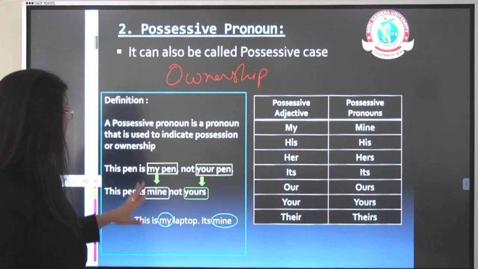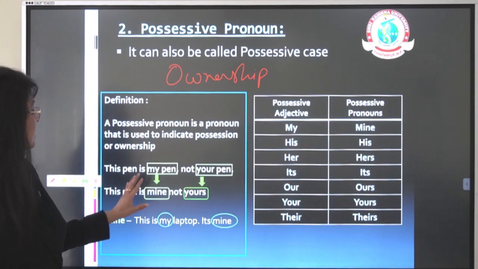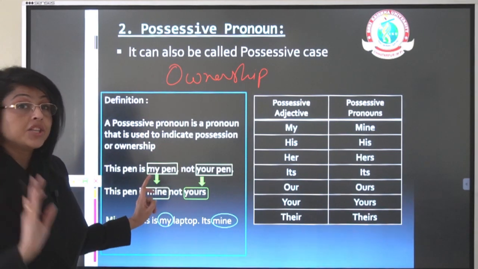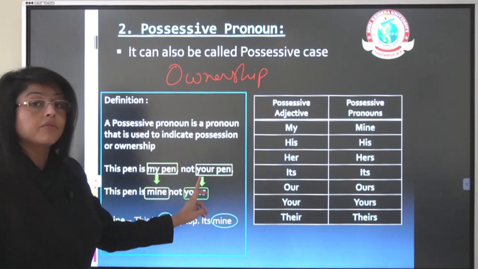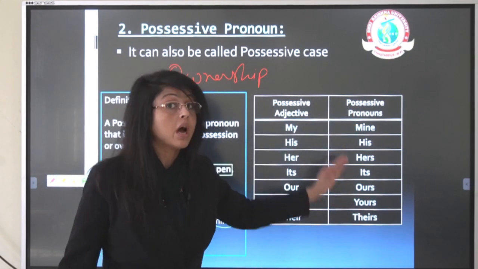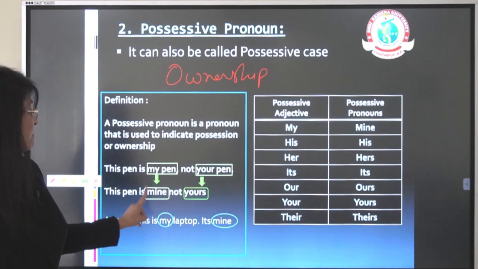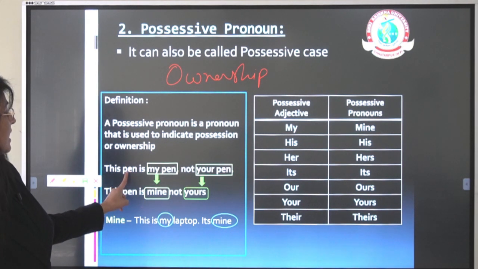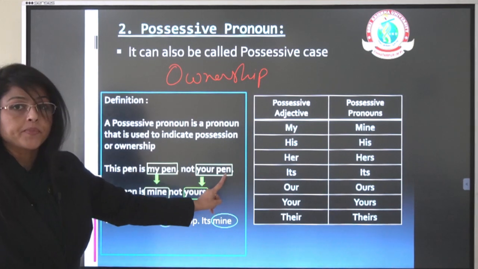This is the complete table. Here are some examples. The pen is my pen. Now, instead of repeating pen over and over again, you can replace it with a possessive pronoun. How can you do that? This pen is mine.